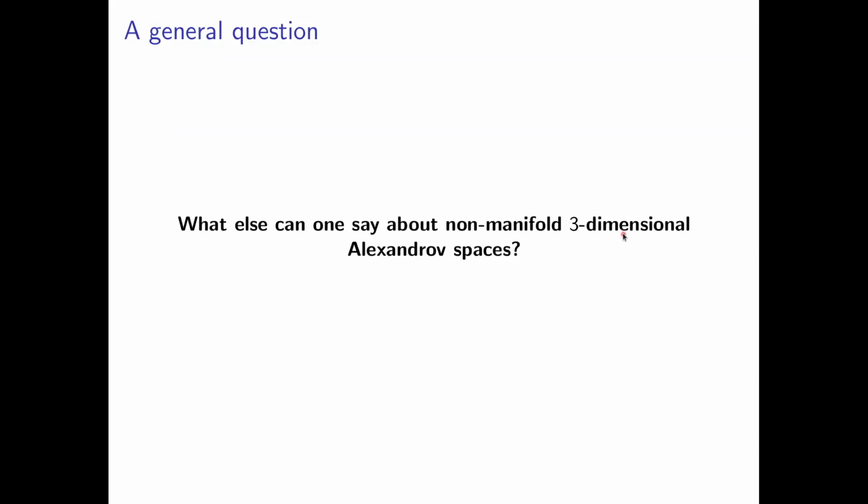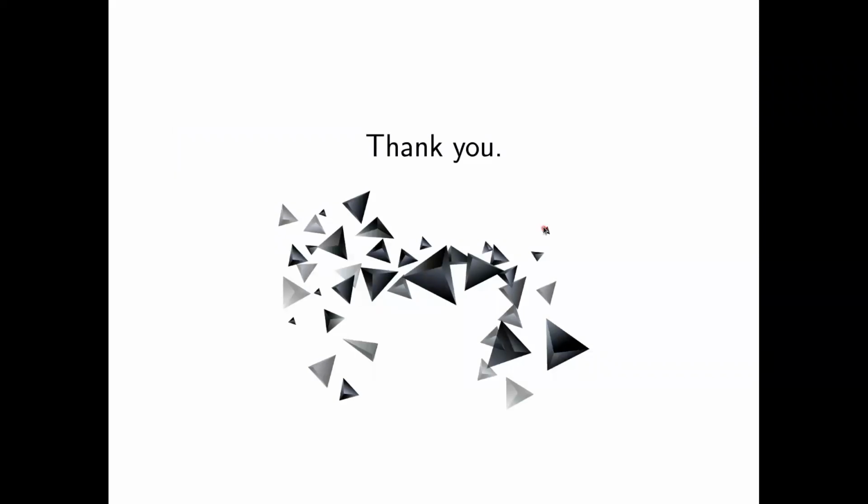You can think of this as asking which results actually depend on having a smooth metric, and which don't. So, what else can one say about three-dimensional Alexandrov spaces? And with this, let me stop and thank you for your attention.